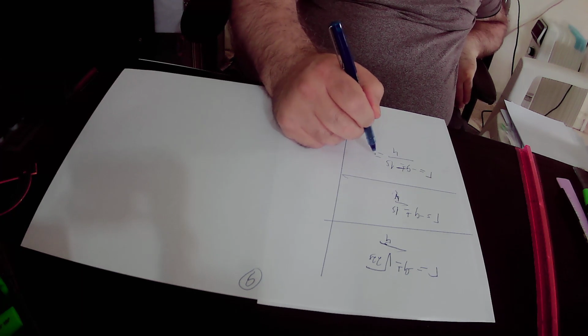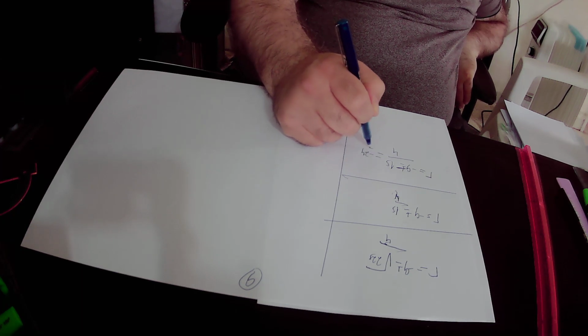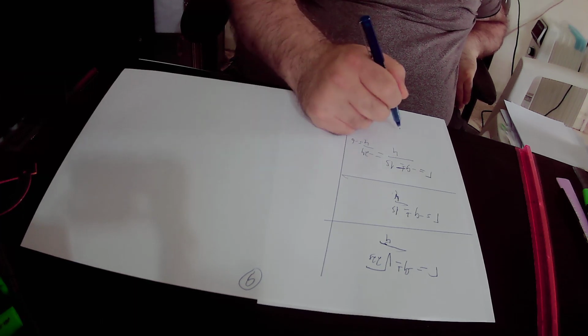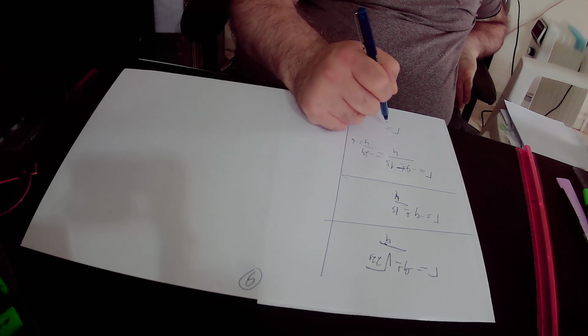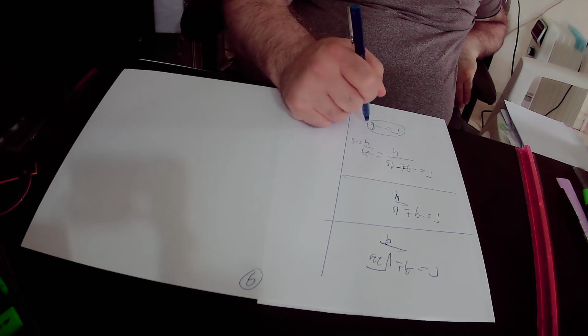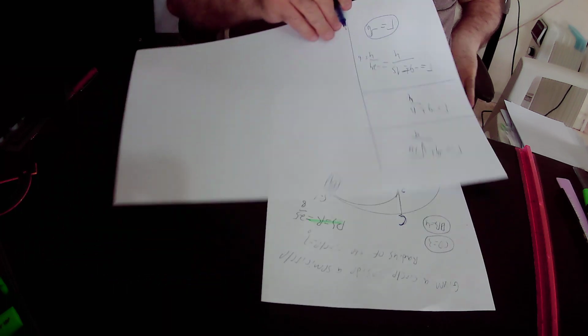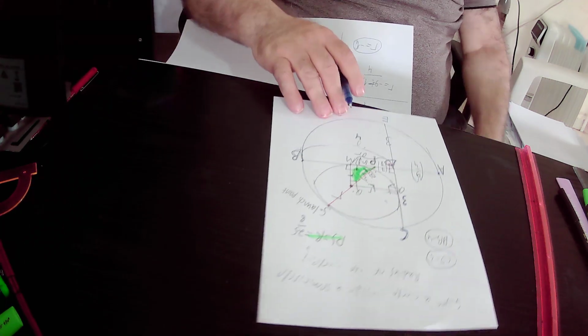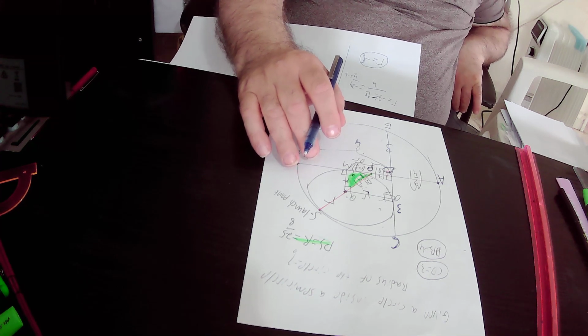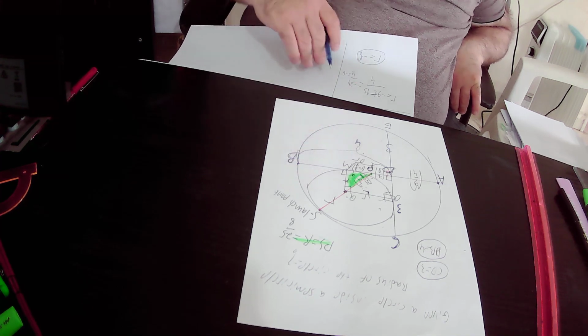Minus 9 minus 15 is minus 24, and minus 24 over 4 is minus 6. So we found out that r, the radius of the small circle, equals minus 6. That is a negative number. But because r is the length of the radius of the small circle, it must be a positive number.